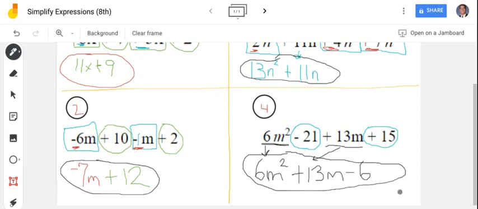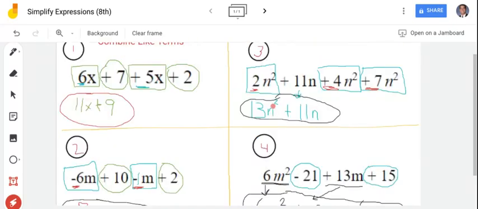The last thing I want to point out here is I want you to notice how I am writing my final expression in what's called descending order. Now, if you descend, of course, you go down, right? So look at my answer here in number 3. Do you see how my exponent's 2, then my exponent's 1, and I don't have any constants, but if I did, I would write the constant last.